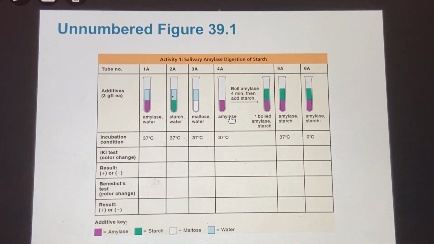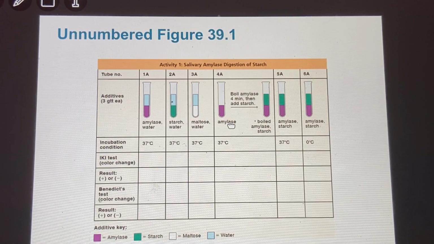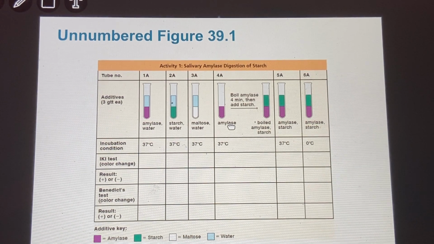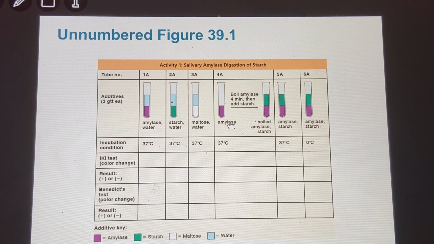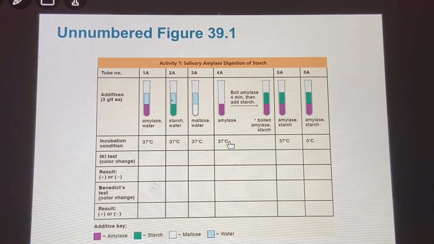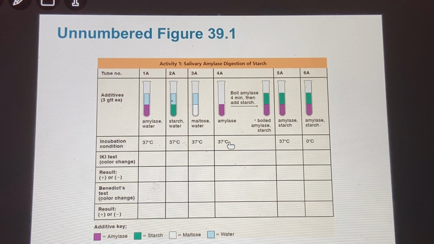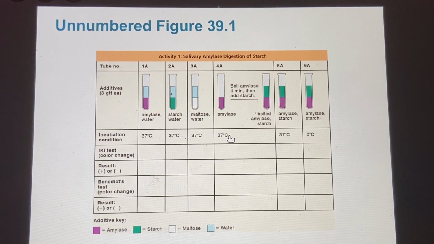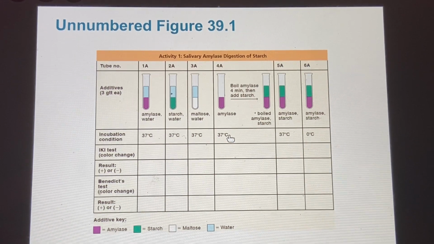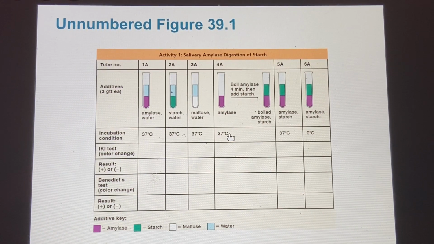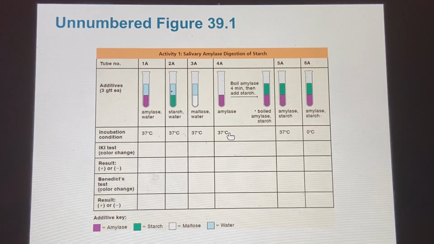Enzymes work optimally at 37 degrees Celsius, which is our normal body temperature.